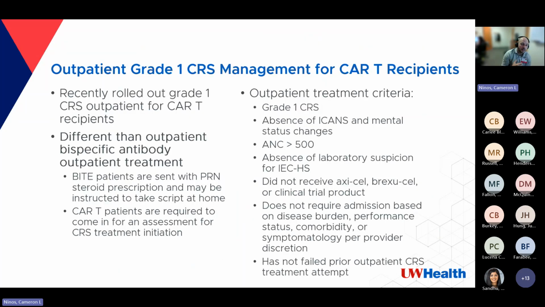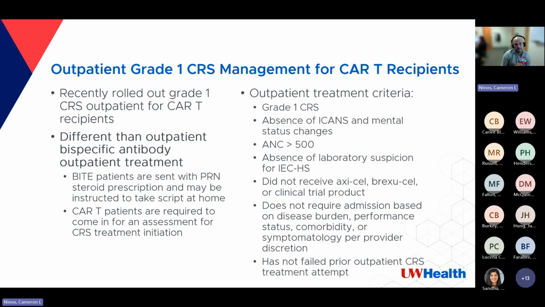So the new thing that we just launched this past month is outpatient grade 1 CRS management for CAR T recipients. We're still hoping to identify our first patient for this soon. One big call out is this is different than our outpatient management algorithm for bispecific antibody treatment.